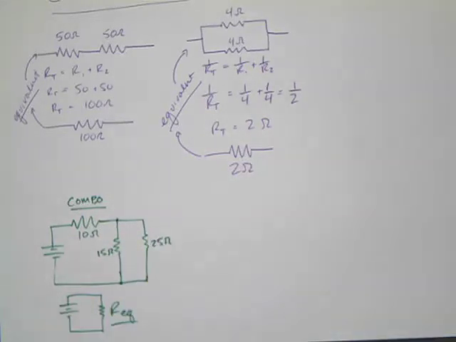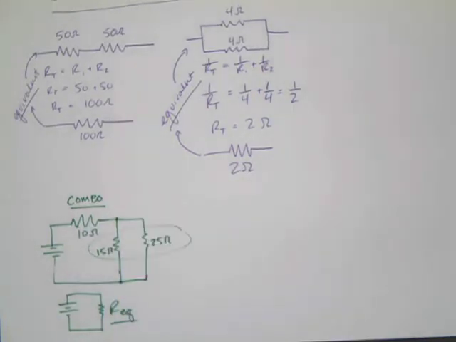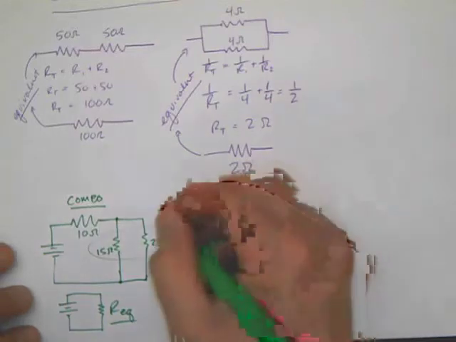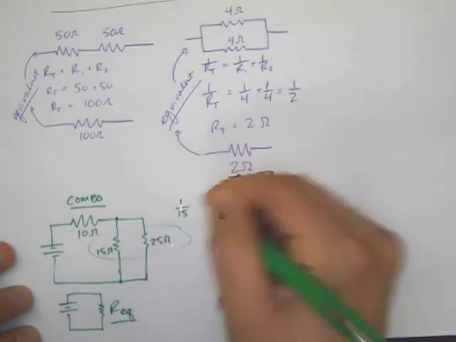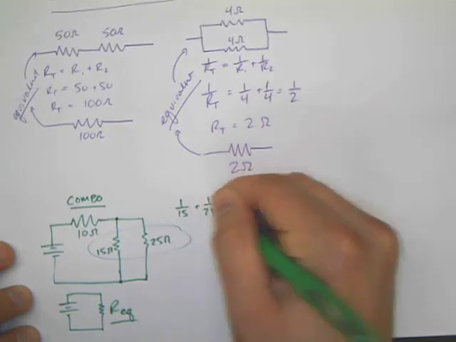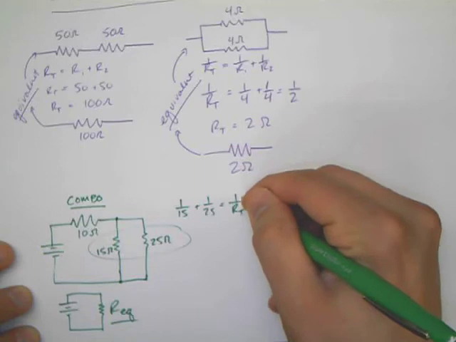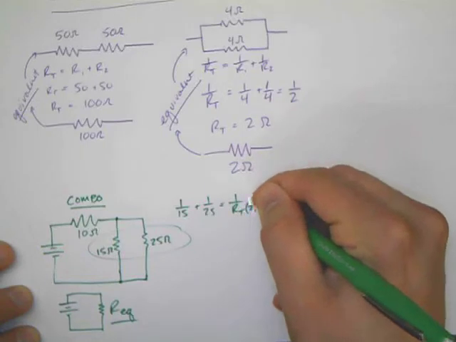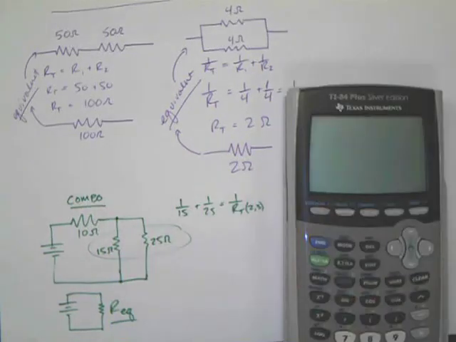So the first thing I want to do is determine what is the total resistance of these two in parallel and replace that with one single resistor. So in order to do that, I use my parallel rule, and I'm going to call this the total resistance of the second and the third resistor, RT2-3. So let's set this up.